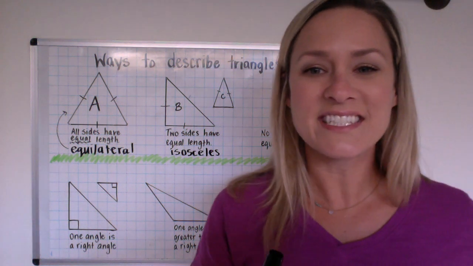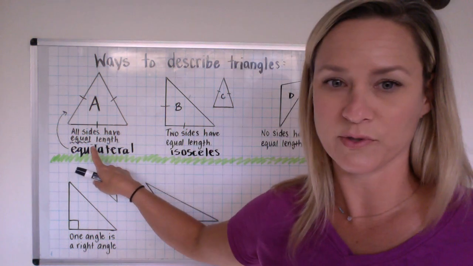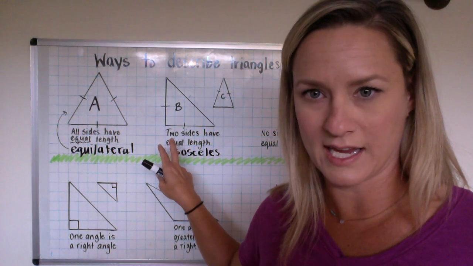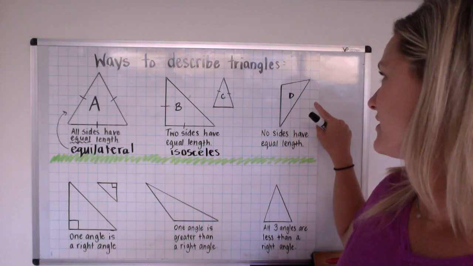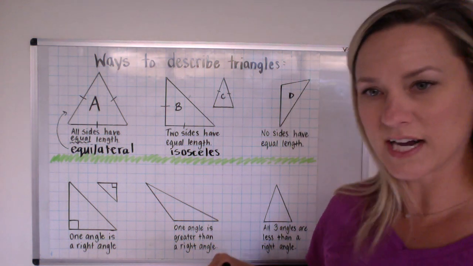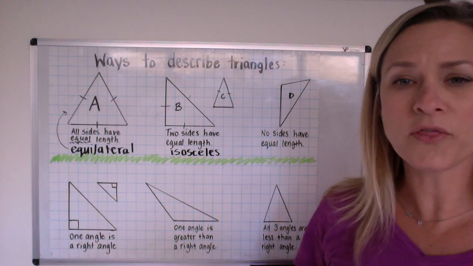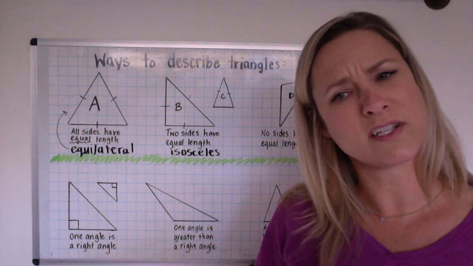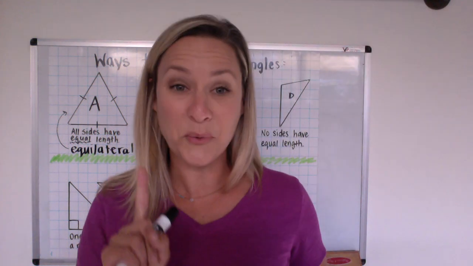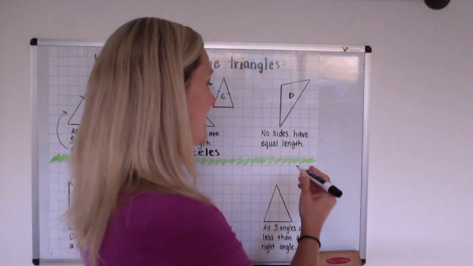Okay, and the last one would be, well, if it doesn't have all 3 sides that are equal and it doesn't have 2 sides, then no sides are equal. And check this out. This one I tried to draw a little crazy, put it on a little tilt here. So all 3 sides have a different measurement. And guess what? This one also has a funny name, and you've probably never heard of this one either. It's called scalene.